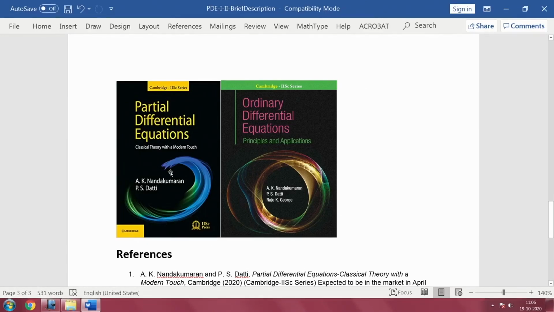It was recently published in 2020. We are not sure we can cover the entire syllabus, but I am sure in these 2 courses we will try to finish some 70 to 80% of the material mentioned in that, and that will prompt you to study all the material.